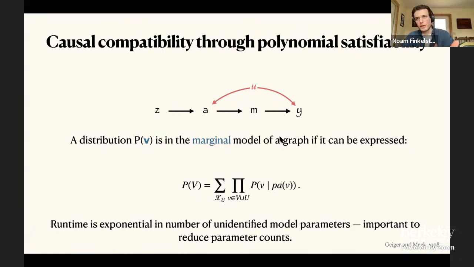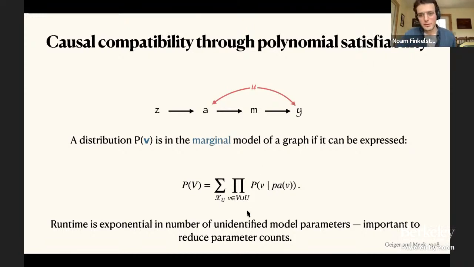As I said at the start, the goal is to improve computational tractability for causal compatibility and inference questions. So we went through improved non-restrictive cardinality bounds, which are of interest in some cases themselves, but our main goal is to consider this polynomial system formulation of marginal models of DAGs.